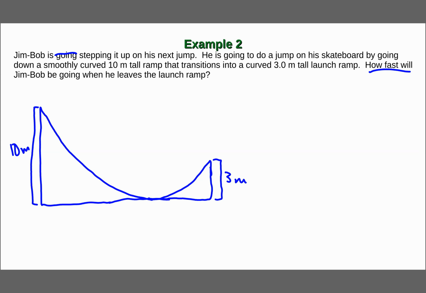How fast will Jim Bob be going? So let's call this tall one H1, and let's call this short one H2. Then what we know is H1 equals 10 meters, H2 equals 3 meters, and we want to know what's VF.